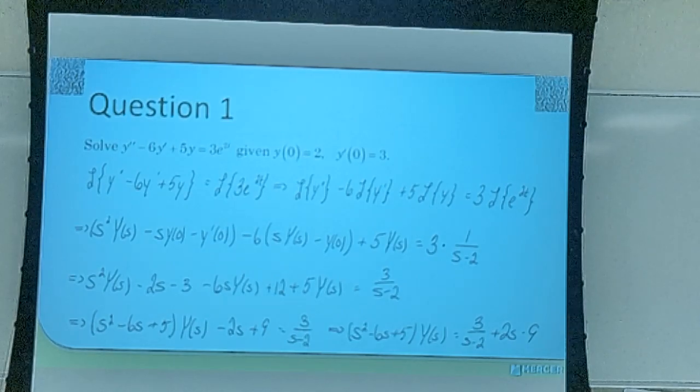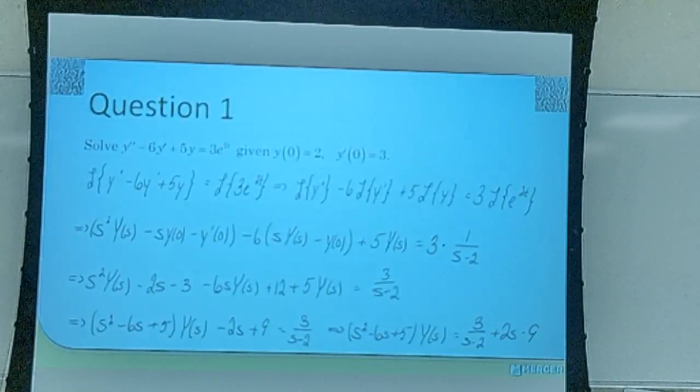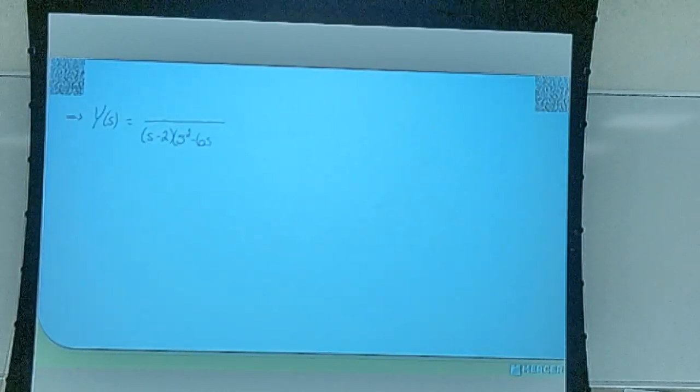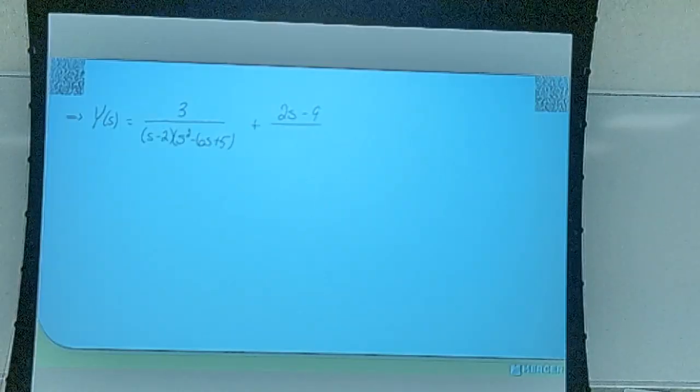So obviously we're just going to divide both sides by the s squared minus 6s plus 5, but I'm going to write it in a specific way. It'll be 3 over s minus 2 times what we were dividing by, and then plus the 2s minus 9 divided by that.